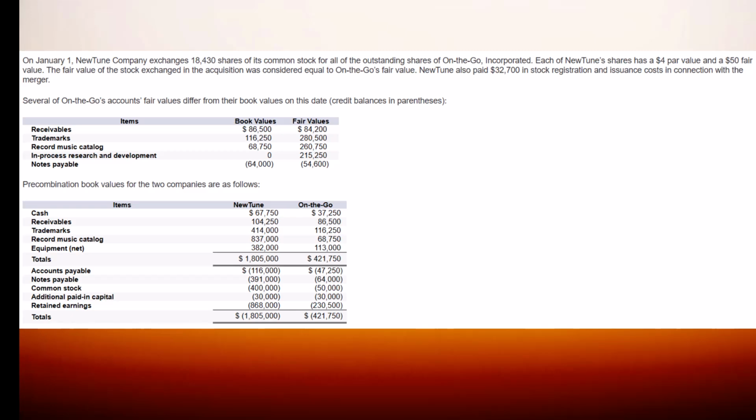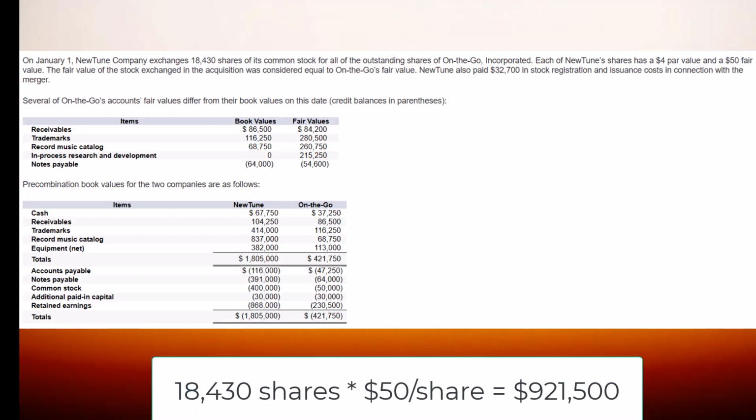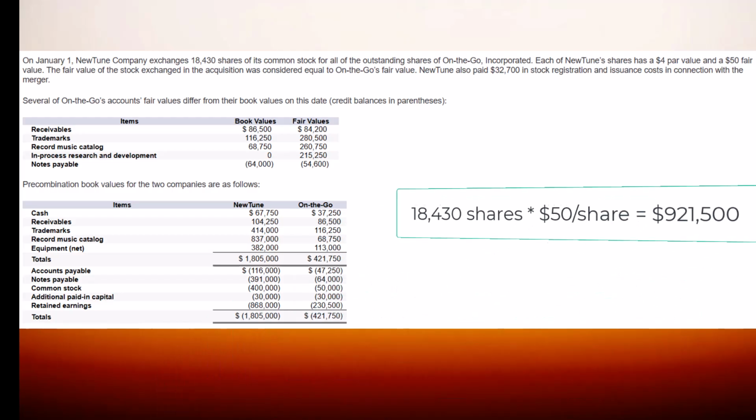The problem states Newtune issues 18,430 shares, and each share has a fair value of $50 on the acquisition date. Remember, under the acquisition method, we always use the fair value of what is given, not the par value. So, the total consideration is 18,430 shares times $50 per share.